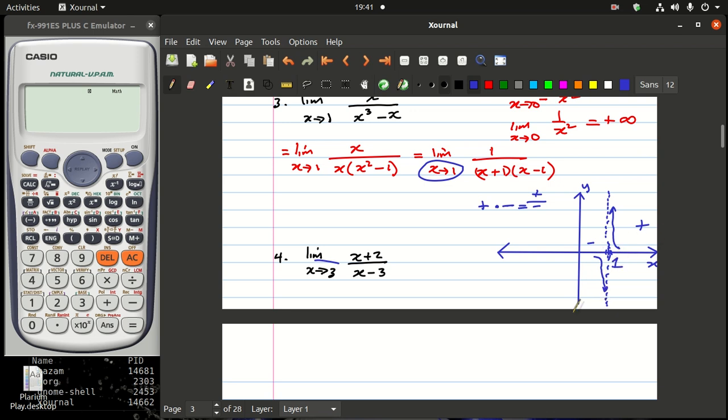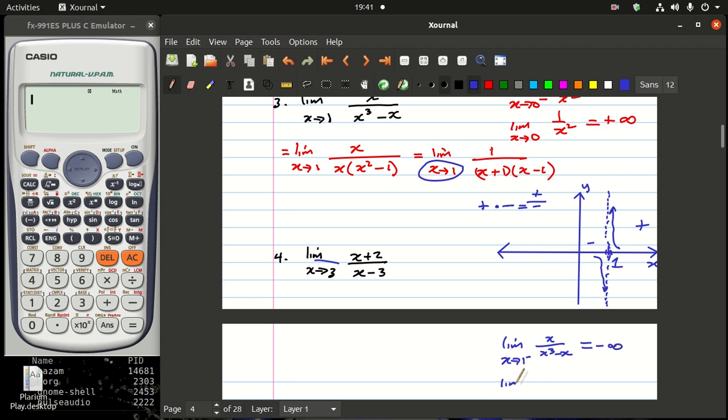So in this particular case, we have the limit as x approaches 1 on the left of x divided by x cube minus x is equal to negative infinity.